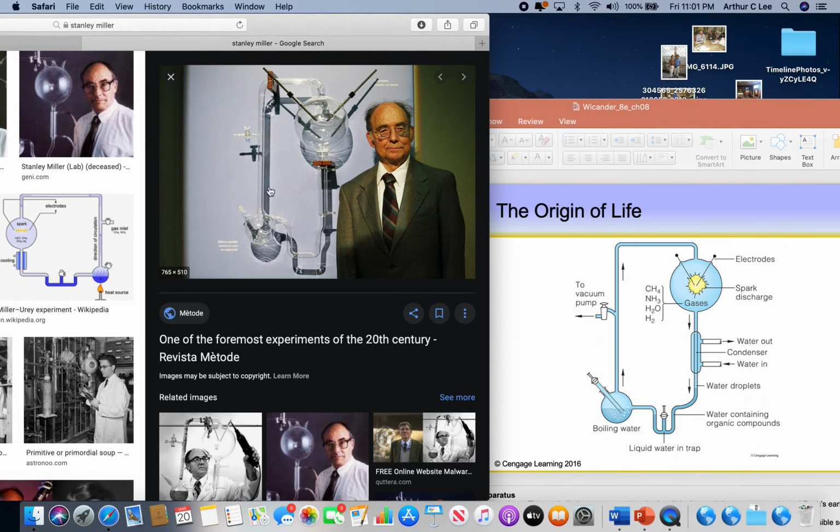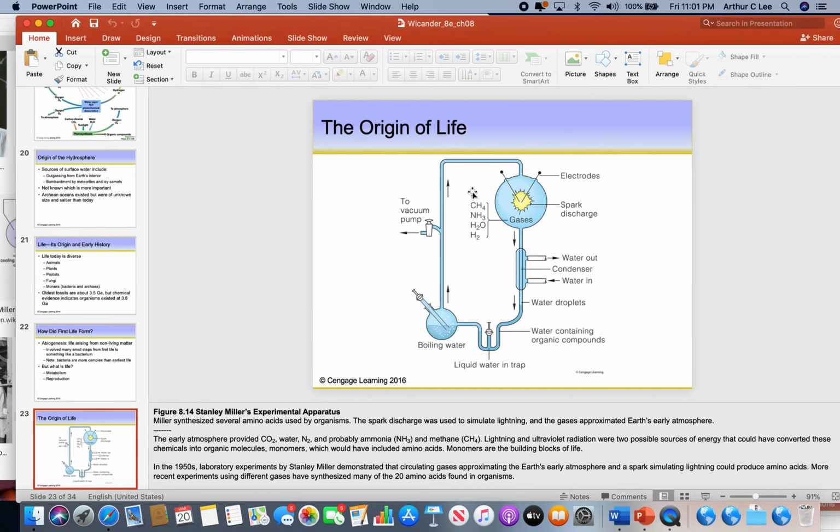Here's his scientific apparatus. Now let's take a look at the apparatus from the drawing in your book. What he did was he put gases into this large glass vessel. And these gases represented to him what he thought the early atmosphere must have been like. He put in all these different gases in the proper proportions.